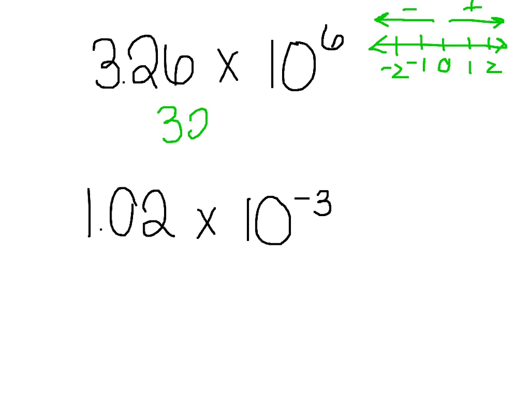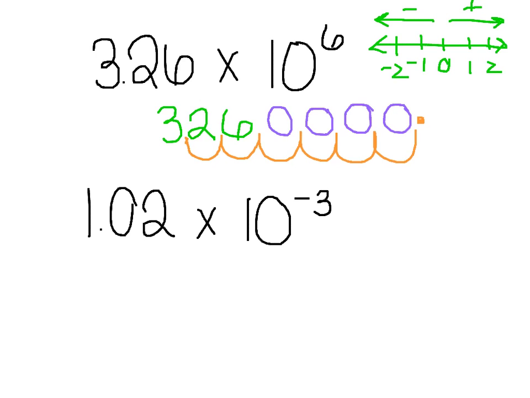So I'm going to write my number, and then I know my decimal spot starts here, and it's moving over 1, 2, 3, 4, 5, 6. So my new decimal spot's going to be here, and I can fill in the holes with zeros.